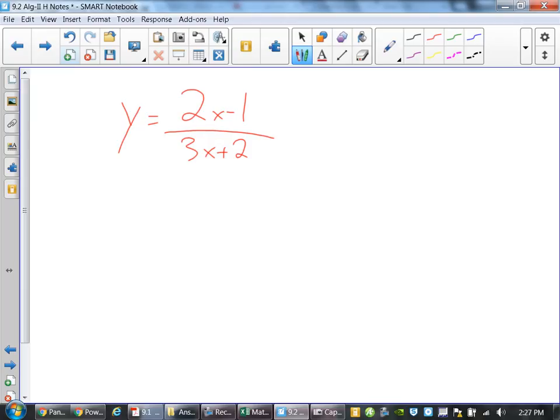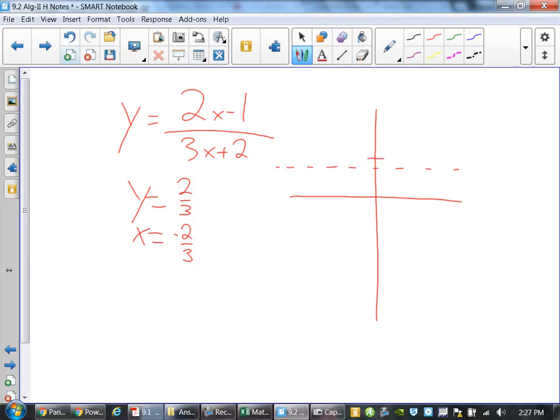Since the degrees are the same, my horizontal asymptote is going to be at y equals 2/3. Where's my vertical asymptote? Negative 2/3. Okay. So there's my asymptotes.